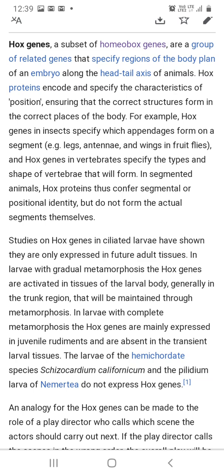In Drosophila, the homeobox genes are arranged in a collinear manner.